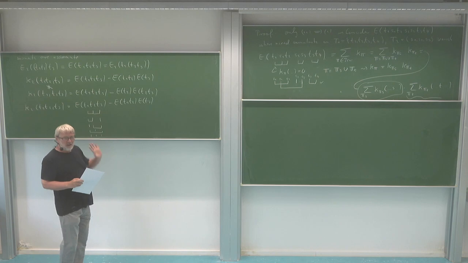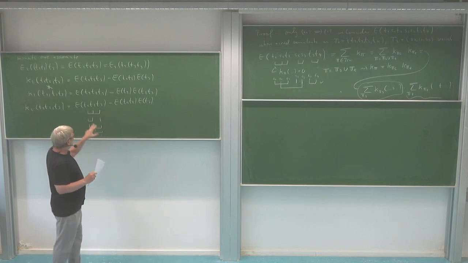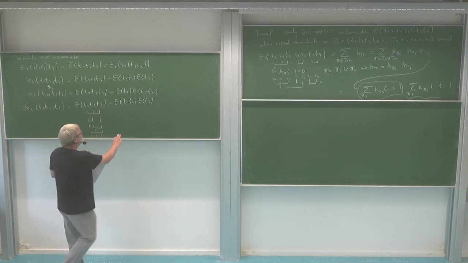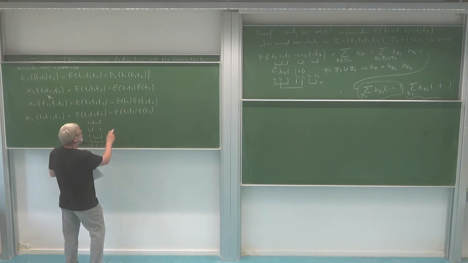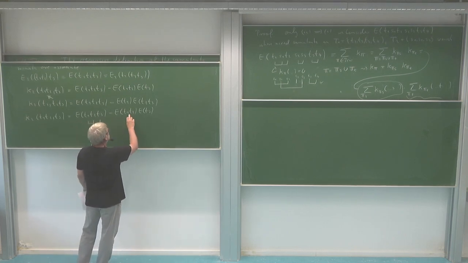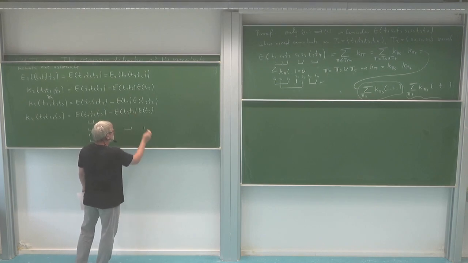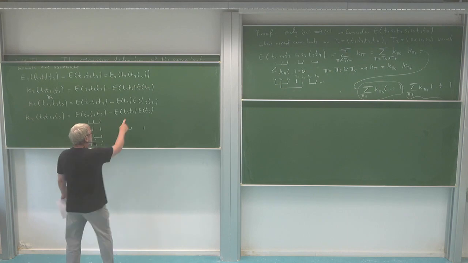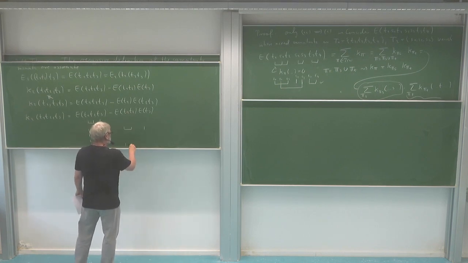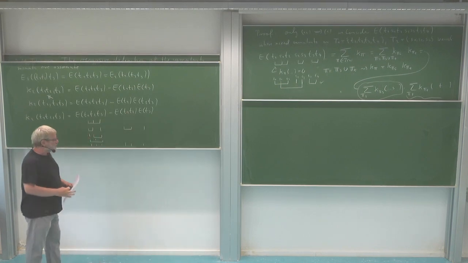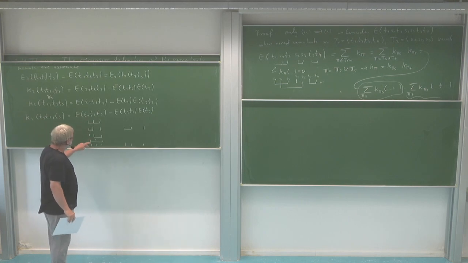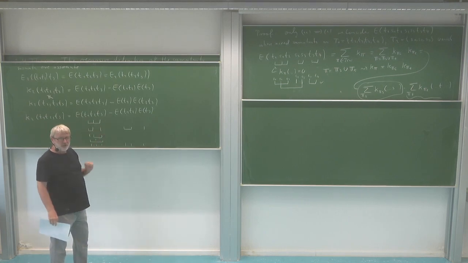Okay, and here I also get terms, and some of them are the same as here, so some of them are going away. Namely, for this I get 2 possibilities. I can connect it, or it can be disconnected, which corresponds to this term. So you see that of the 5 terms here, 3 are subtracted.